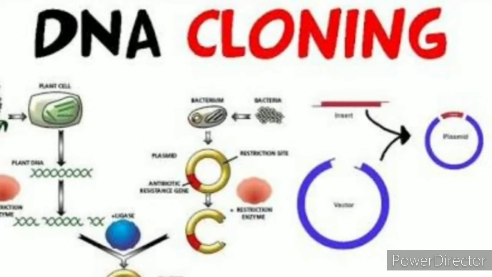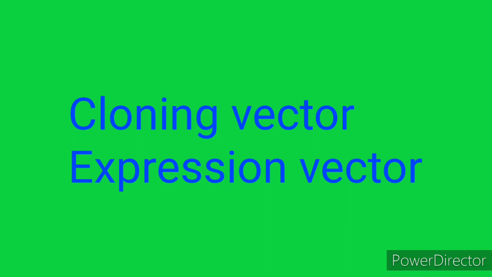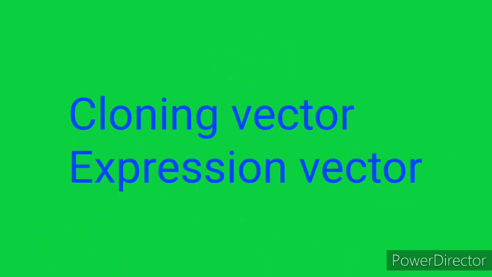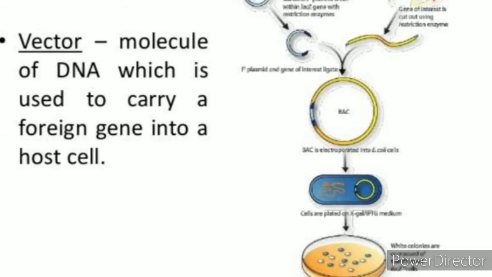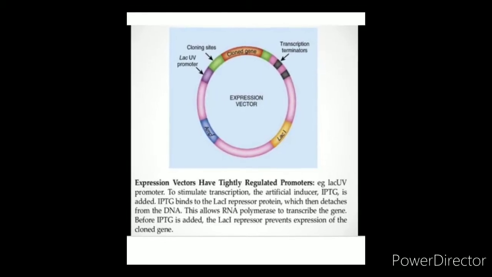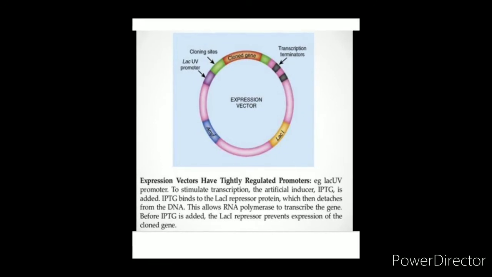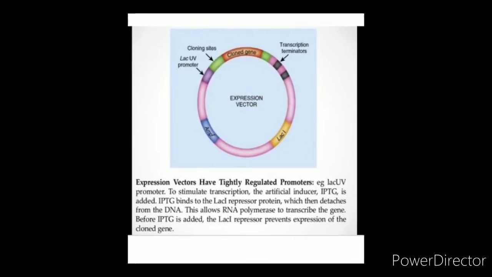Vectors are of two types: one is the cloning vector and the other is the expression vector. A cloning vector is used for the cloning of a DNA insert inside a suitable host cell. An expression vector is used to express the DNA insert for producing a specific protein inside the host.